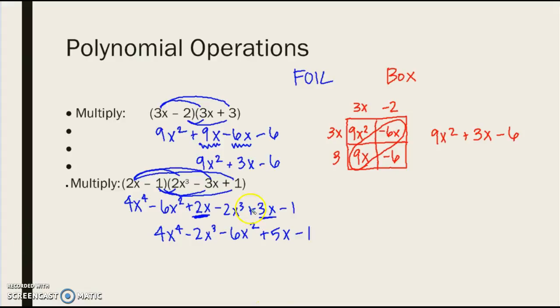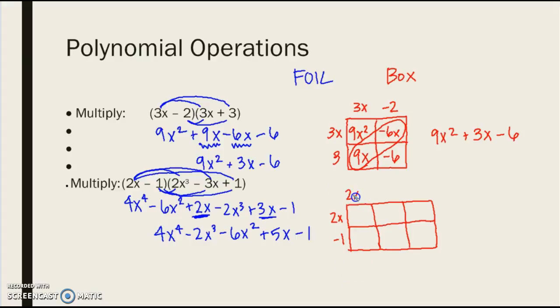The box. Up here, I had a 2 by 2 because I had a binomial times a binomial. Now I've got a binomial times a trinomial, so I'm going to have a 2 by 3. And it doesn't matter where you put your 2 and where you put your 3, but you just need 3 going one way, 2 going the other. So I'll put mine this way. Now I do have to put mine on specific sides. The 2x minus 1 has to go down the side because that's where my 2 boxes are.